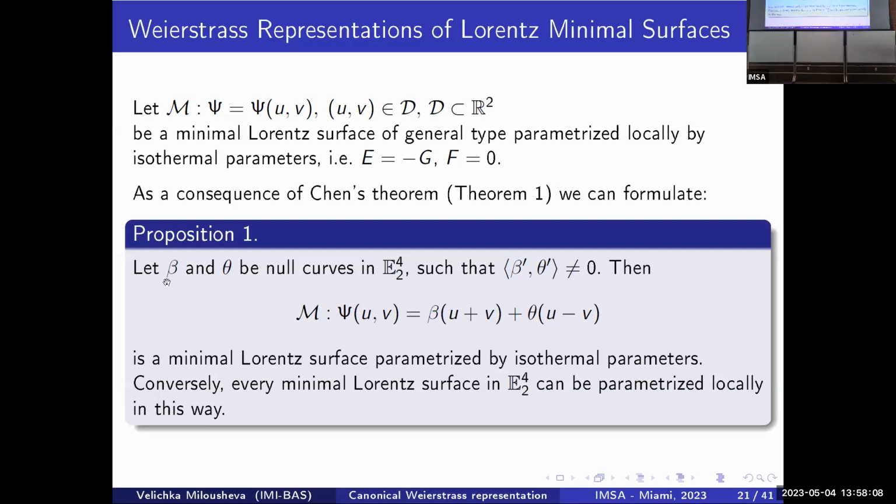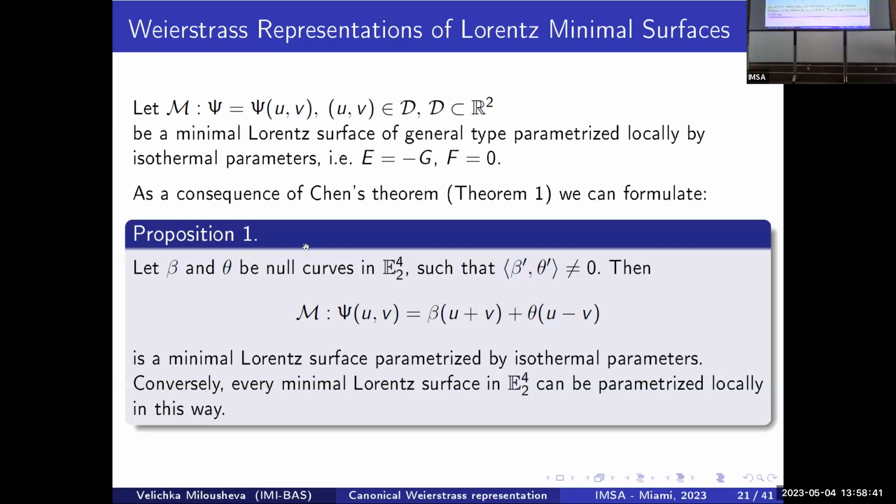So we start with a surface M, parameterized locally by isothermal parameters, because they are the most natural parameters in this case, which means that the coefficients of the first fundamental form satisfy this condition: E is equal to minus G, and F is equal to 0. And as a consequence of Chen's theorem, which I showed you at the beginning, we can formulate this proposition.